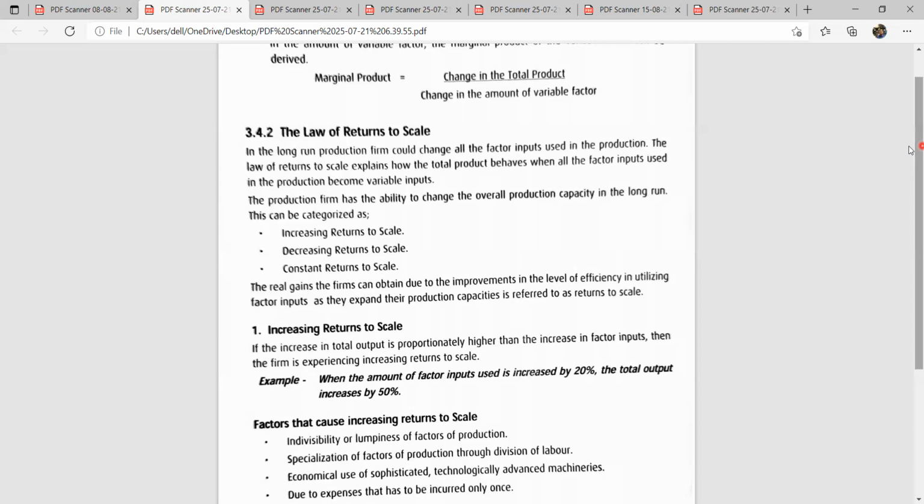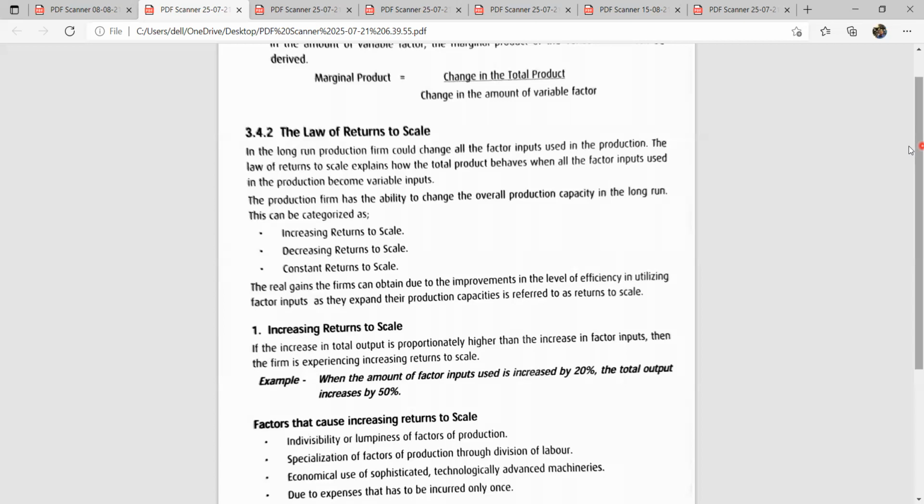Then decreasing return to scale is where total production is increasing by a smaller percentage than the increase in total inputs. Therefore, average cost in the long run increases.